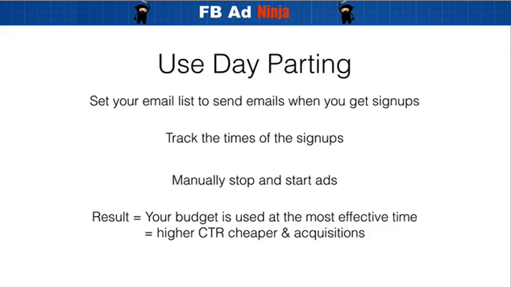So you get a higher click-through rate, which results in cheaper ads, and your leads are cheaper, which is a great way of running your business. You'll also find you're probably spending half your budget. Great, you can double your budget and spend your $5 or your $10 in the best time possible. So that's a really good tip for you.